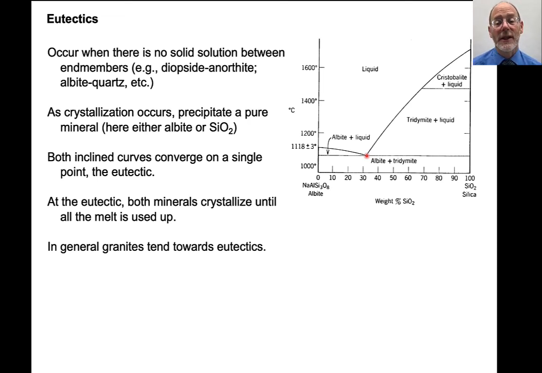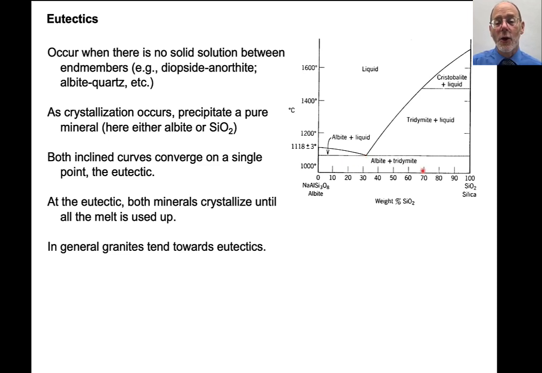Now, why is that important? Well, it turns out that granites and basalts tend to form at eutectics. So if I take a peridotite, it doesn't really matter what the proportions of clinopyroxene, orthopyroxene, olivine, and spinel might be. I could have something that's very olivine rich or very olivine poor. I tend to produce a basalt with a pretty similar composition because the basalt forms on a eutectic. And the same is true for granitic rocks.